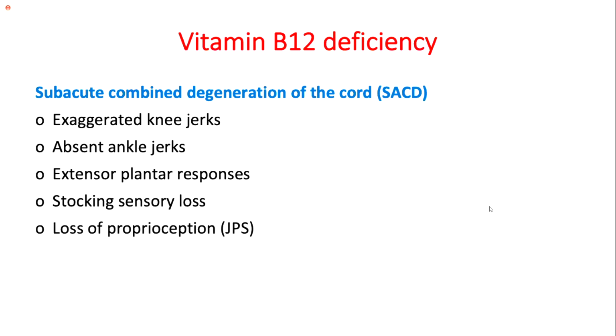Then when you test the plantar response, it is extensor, Babinski positive. Then when you do the sensory system, there's stocking sensory loss. What do you mean by stocking? It's like your socks, when you wear your sock, that distribution. And there's loss of JPS, joint position sense, which I told you, you must always examine in every patient. So these are the typical clinical manifestations.